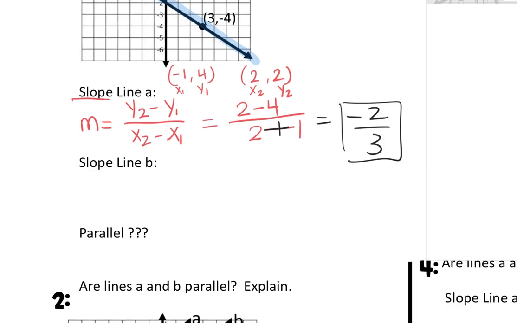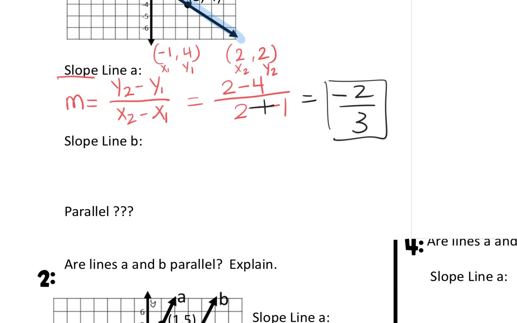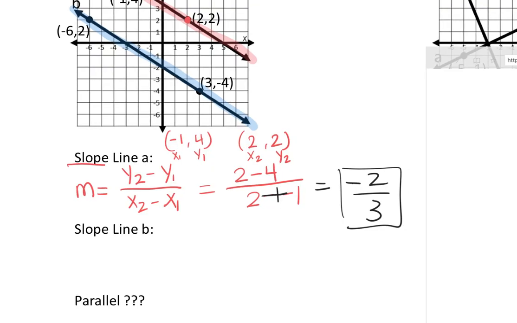Let's find the second slope for line B and see if they're the same. If they're the same, then I can say they are parallel. All right, so for the slope of line B, we're using (-6, 2) and (3, -4). So let's write them down here in the bottom.